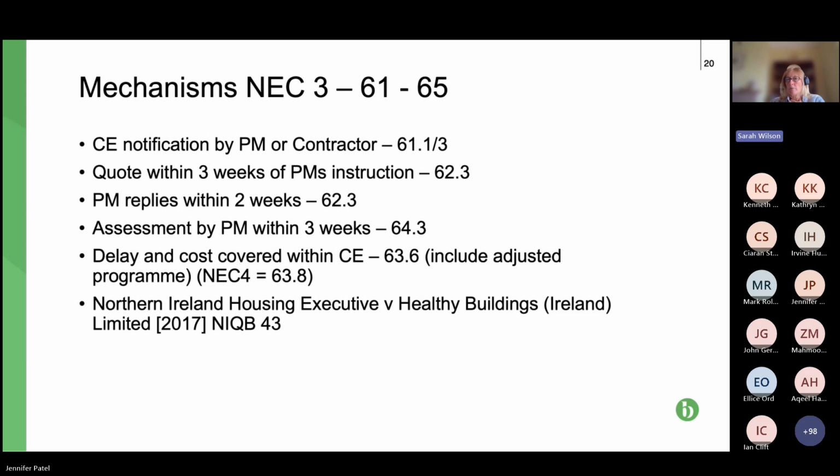This is just a notification that there is a CE, whether it's the ground conditions are different, some bad weather, force majeure event, change to the scope by the project manager, stroke client not complying with the requirements in the programme, whichever one it is, one of the parties has to notify. Because the implication of not notifying from the contractor's perspective is that it won't be entitled to any remedy, so no time, no money. It's probably best that the contractor notifies if it becomes aware of anything.